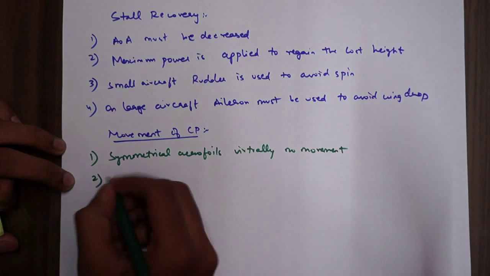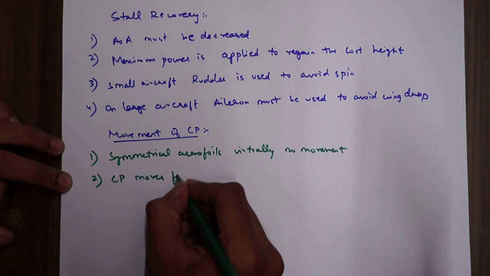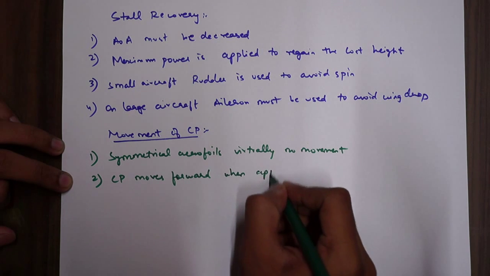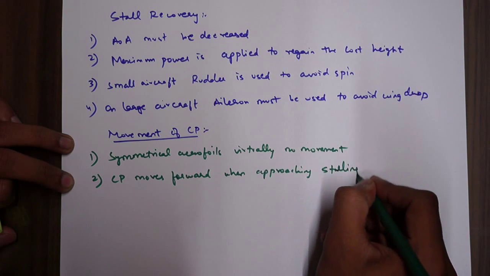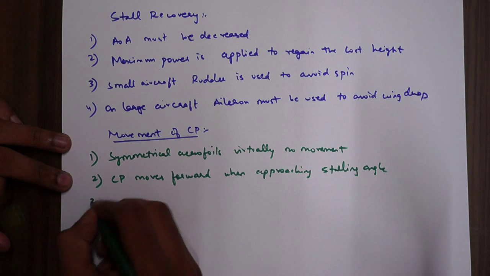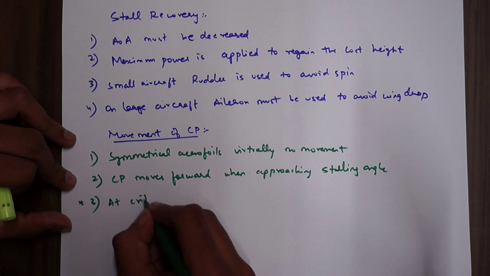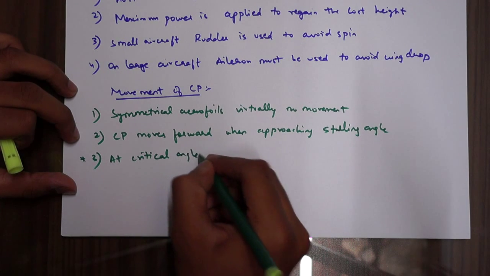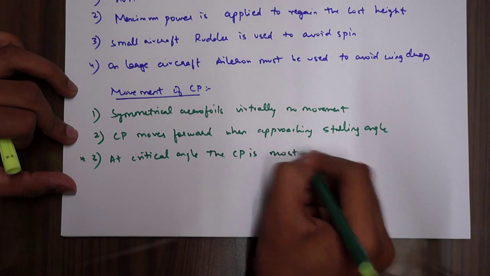Second, largely CP moves forward when approaching stalling angle. Now this is an important point. At critical angle, the CP is most forward.